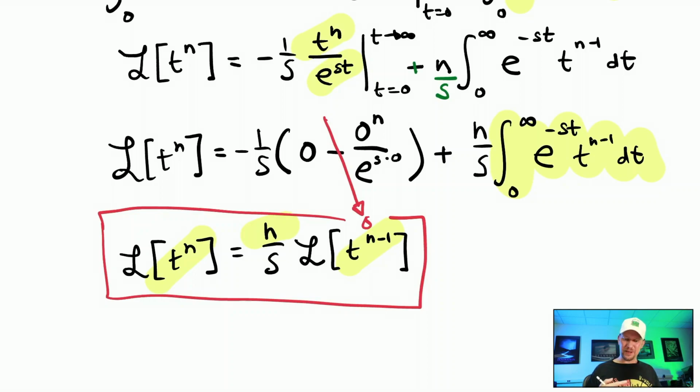Now, to find the Laplace transform of t, I can use the same definition, but I would need to find the Laplace transform of t to the 0. And this is where the magic happens. The Laplace transform of t to the 0 is the Laplace transform of 1, and it's something that we have from previously. So this relationship is a fundamental relationship. This is what we call a recursive relationship.